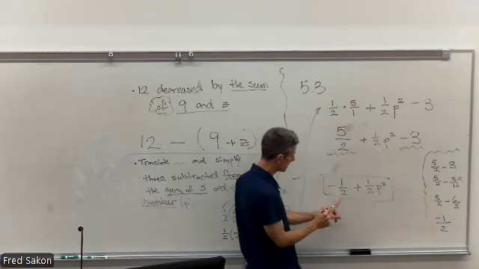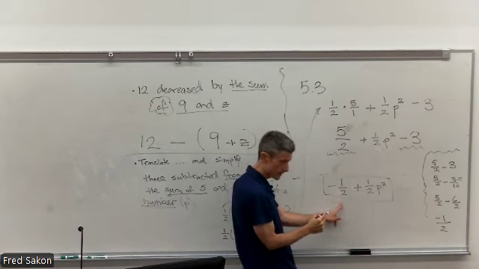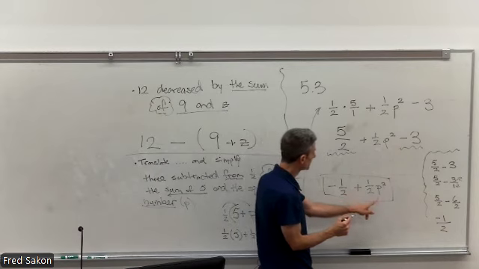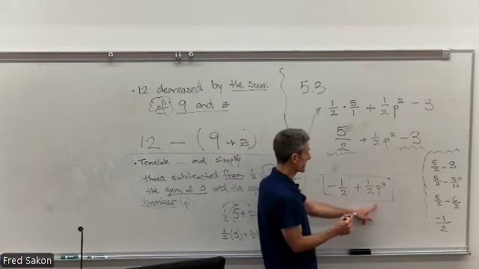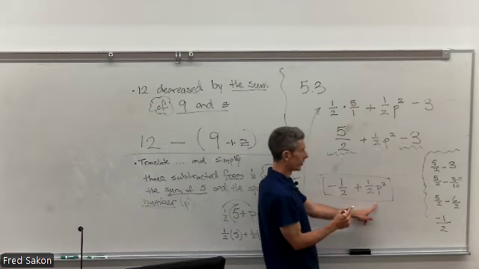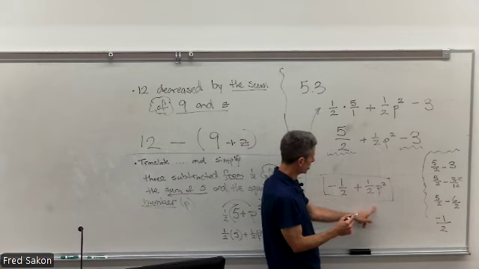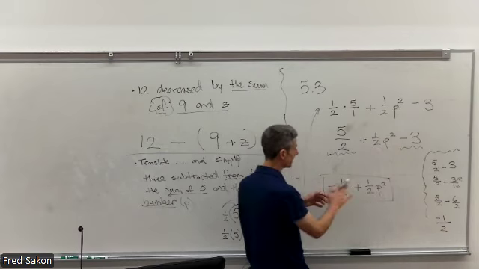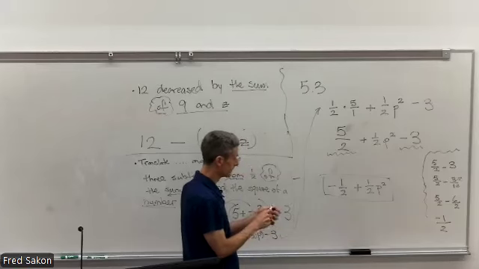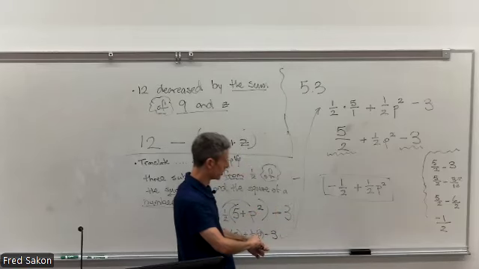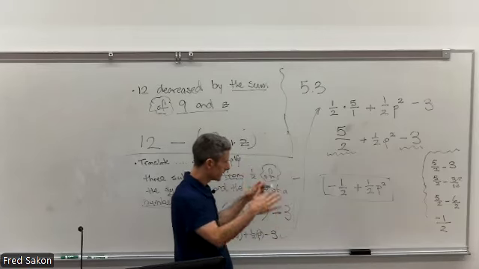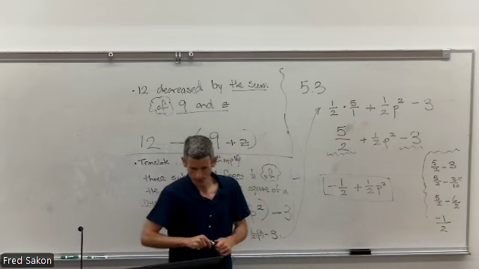So what do we have in the end? We have a constant term, only a number, plus a variable term, and that variable term happens to be a square term, second power. So they are not like. At this point, we would want to resist any temptation to get those together.